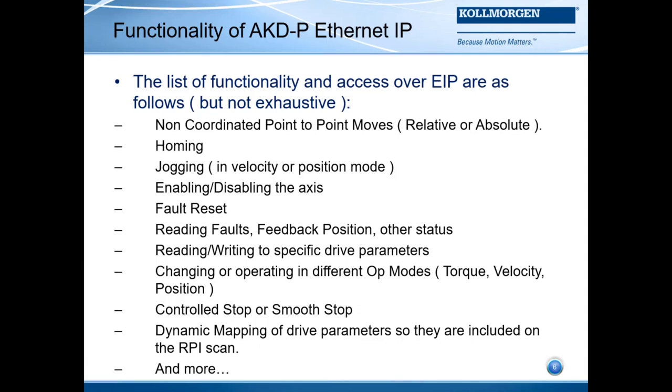Non-coordinated point-to-point moves, either relative or absolute, homing, jogging in velocity or position mode, enabling and disabling the axis, fault reset, reading faults, feedback position or other status, reading and writing to specific drive parameters, changing or operating in different op modes, torque, velocity, and position, perform a controlled or smooth stop, the dynamic mapping of drive parameters so they're included on the RPI scan, and more.